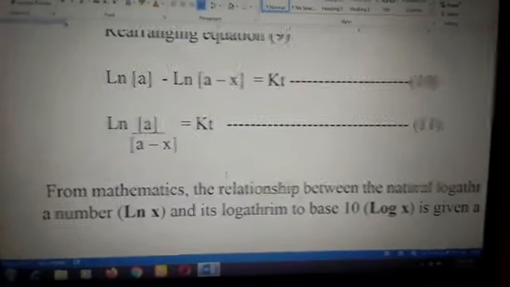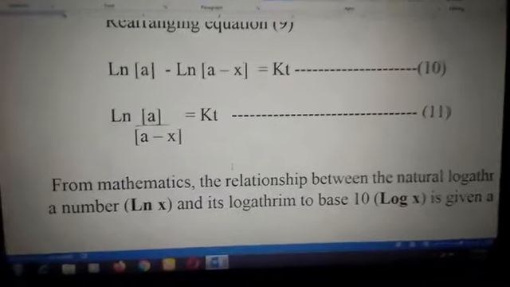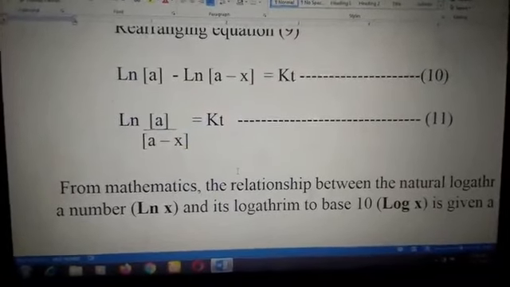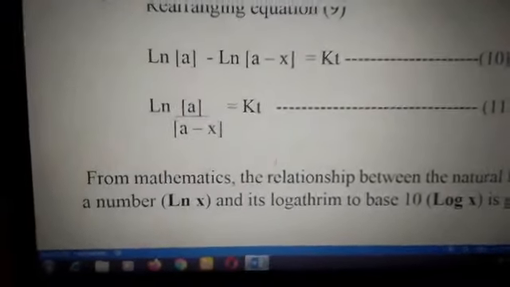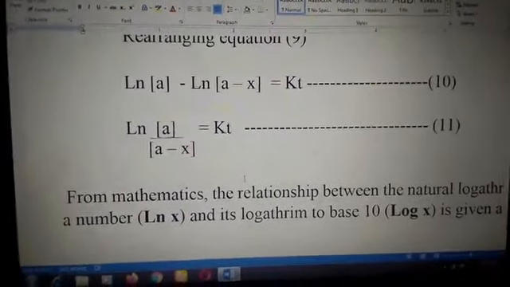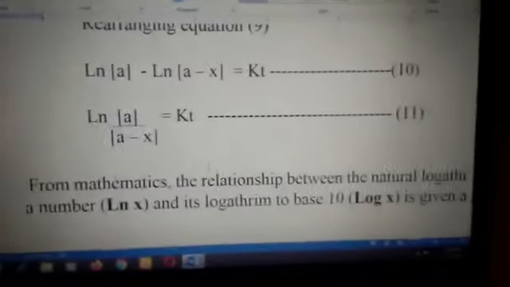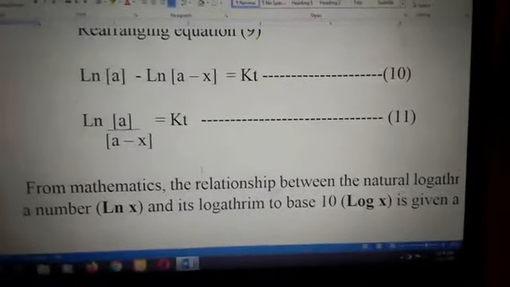When you have a minus sign, you change it to a division sign. So taking only one ln, when I have ln a all over a minus s, that minus makes it become division, and the two of them are now inside one log, equal to kt. That gives us equation 11.